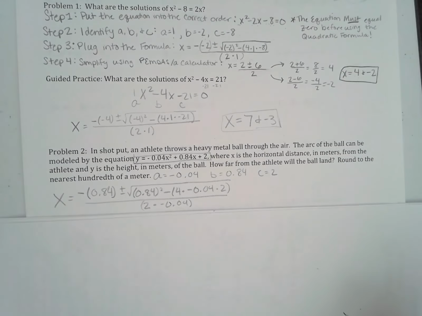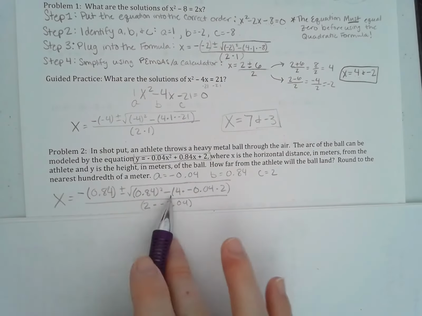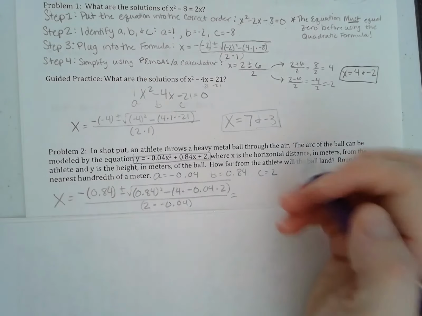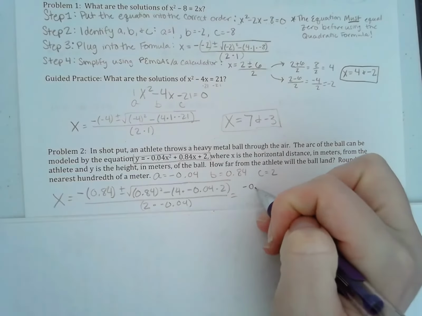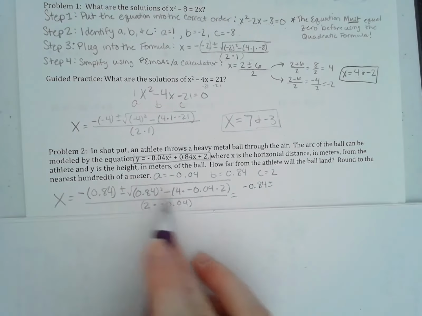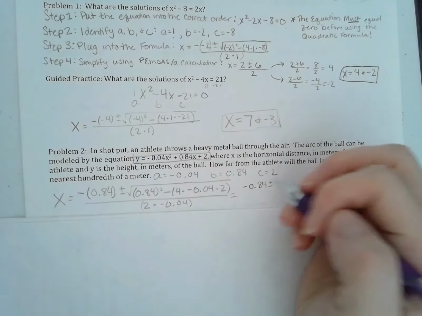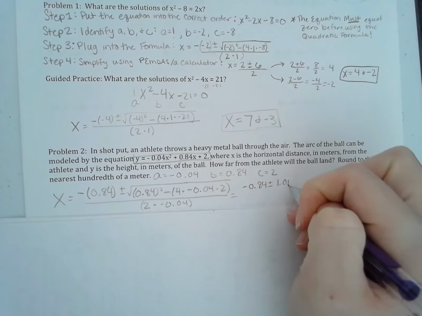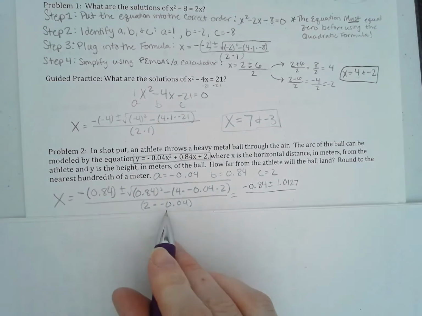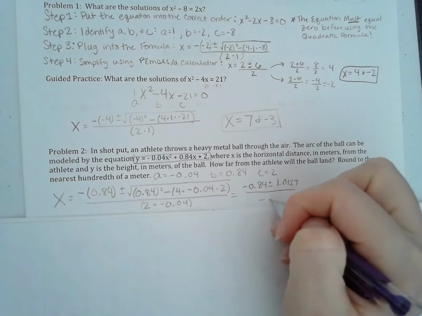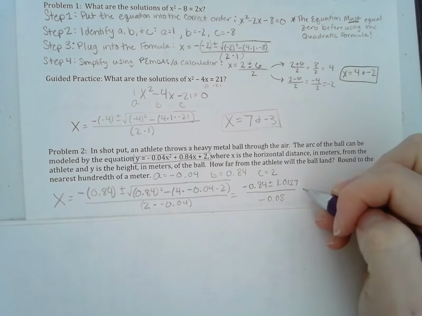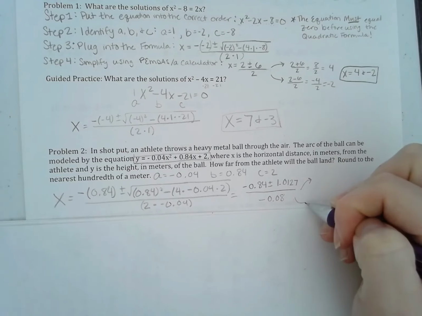Again, I am going to go ahead and simplify these three separately. So -0.84 will be -0.84. Plus or minus, if I plug this big square root into my calculator, I should get 1.0127, all over 2 times -0.04, which is -0.08. Again, I'm going to split this equation into 2 parts.